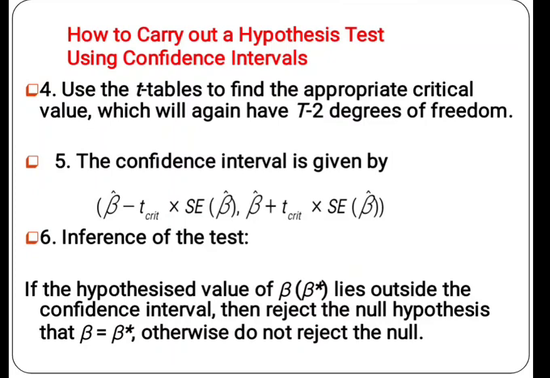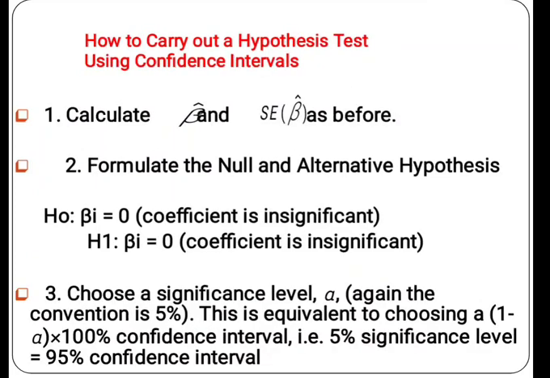Now how will we decide whether we have to reject or accept the null hypothesis? Now we have constructed the range of the confidence interval, and we will examine whether our null hypothesis falls inside the confidence interval range. We saw on the previous slide that our null hypothesis was beta 1 is equal to 0, right?